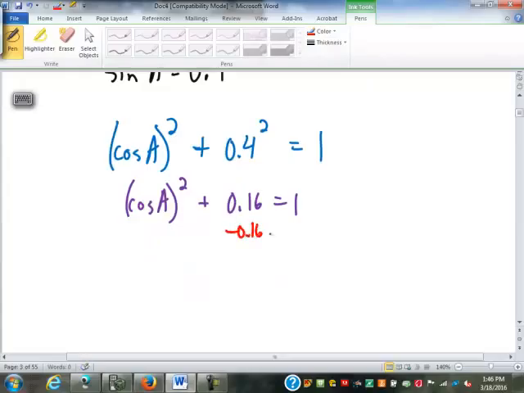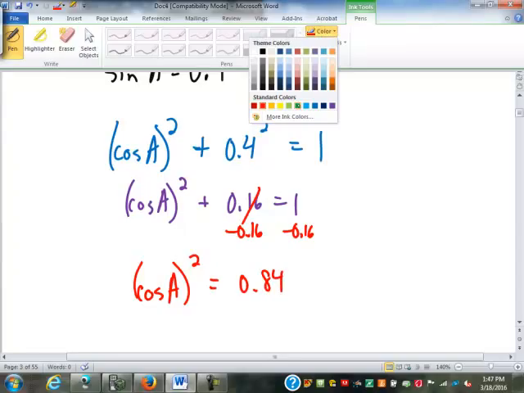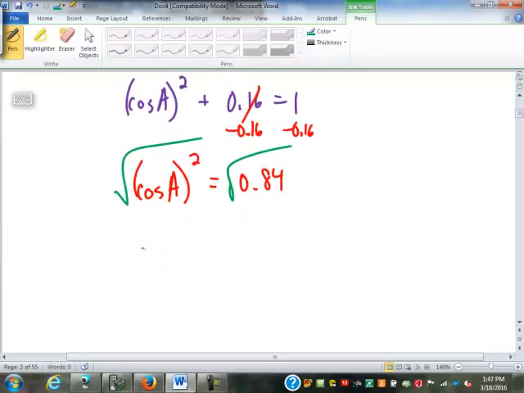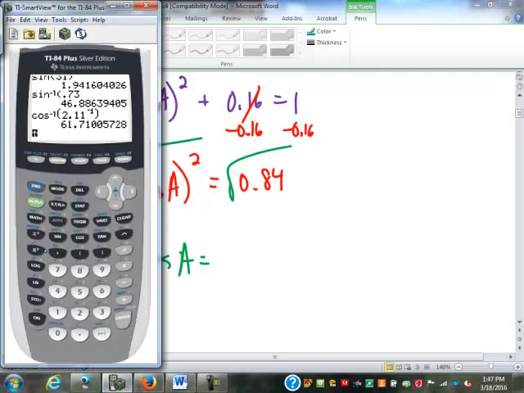We subtract 0.16 and get the cosine of angle A squared equals 0.84. And then we square root it. So the cosine of angle A equals the square root of 0.84, 0.9165.